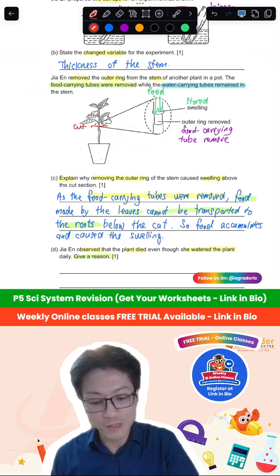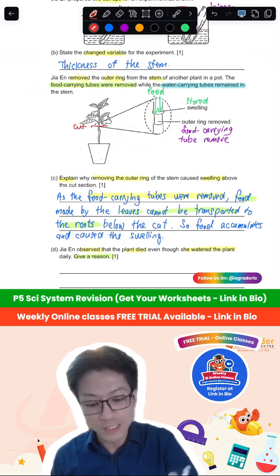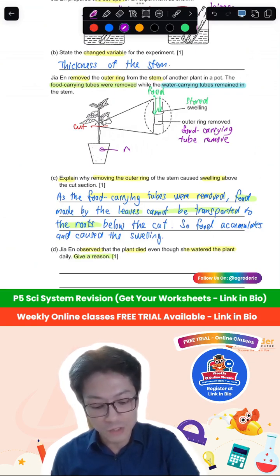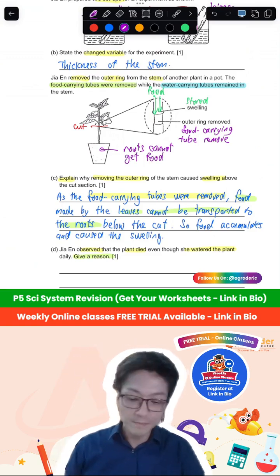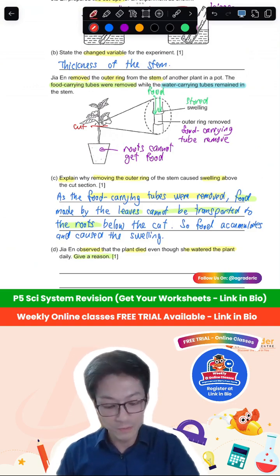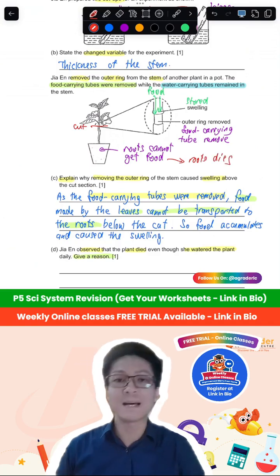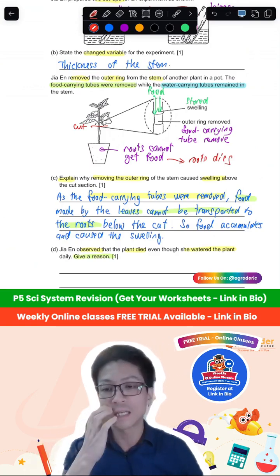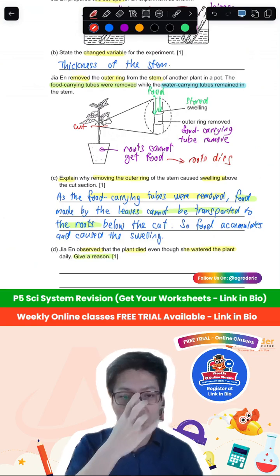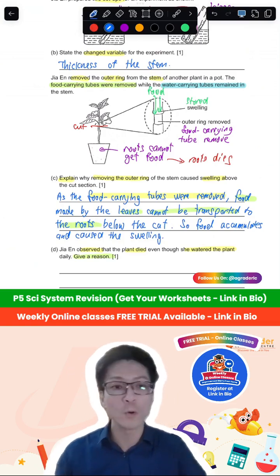So eventually the roots are not gonna get any food. If the roots cannot get food, eventually the roots will die. If the roots die, then the plant cannot take in water, so unfortunately it's not gonna survive. That's the whole idea.